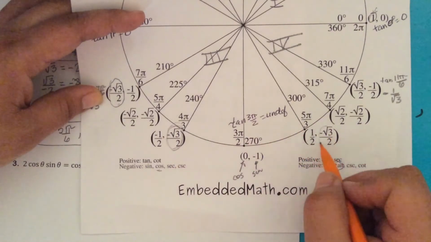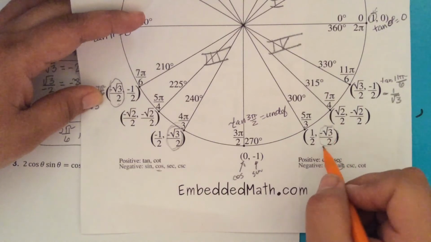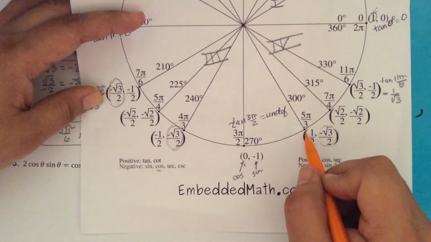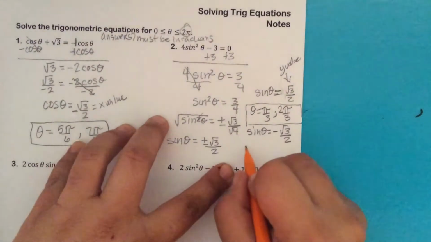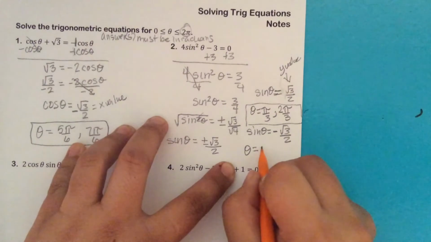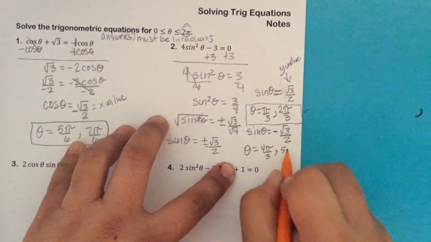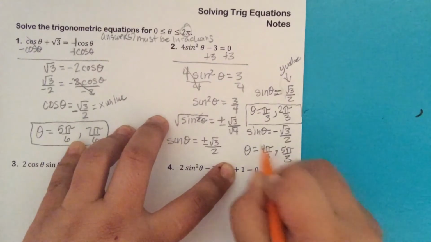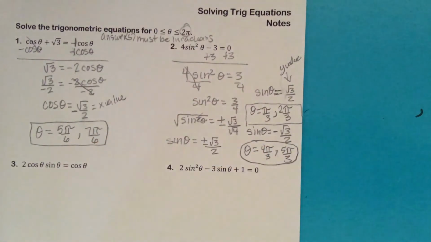And then the y value, negative square root of 3 over 2, it's at 5 pi over 3. So the other two answers are 4 pi over 3 and 5 pi over 3. So the angle theta is 4 pi over 3 and 5 pi over 3. So then those are your answers right there.